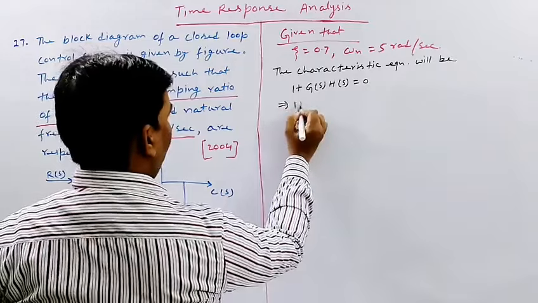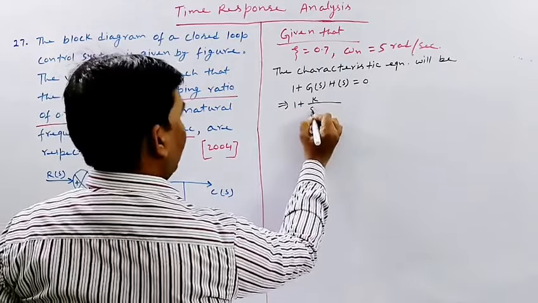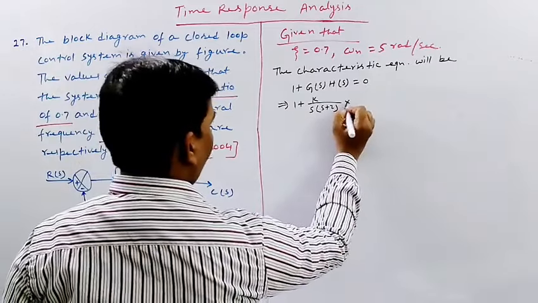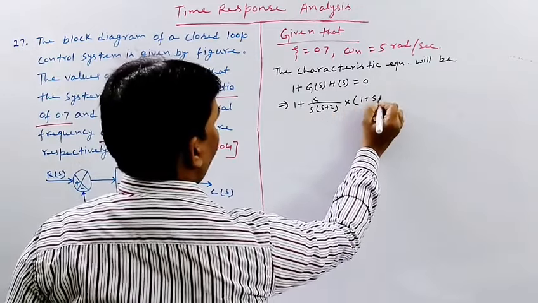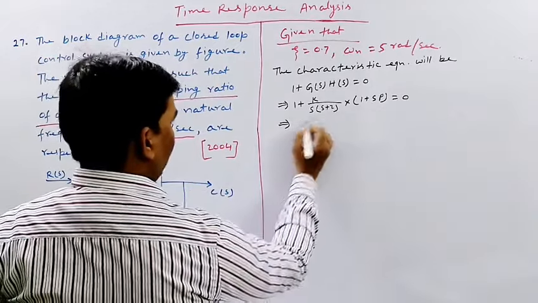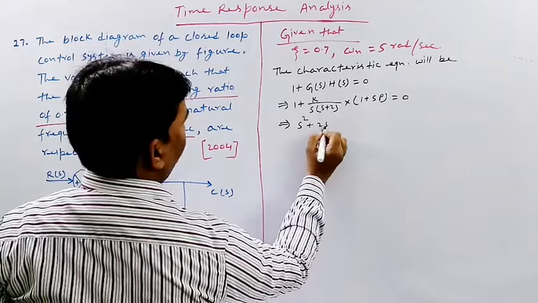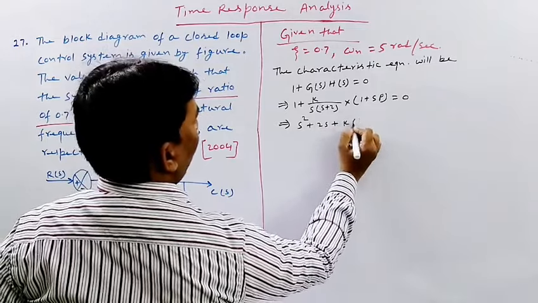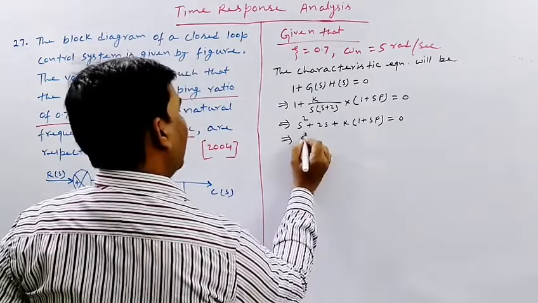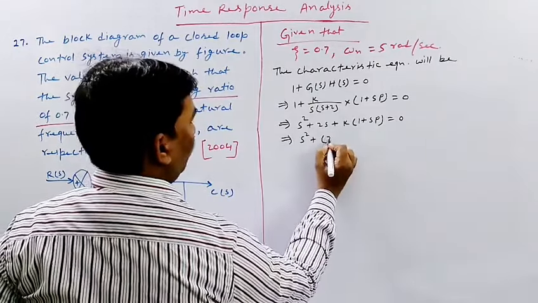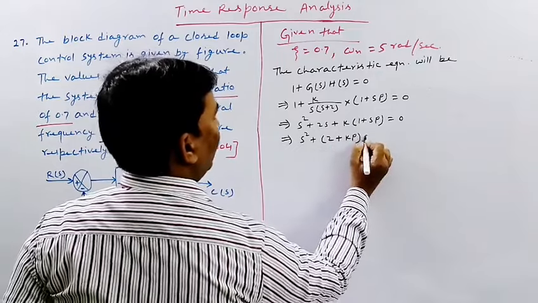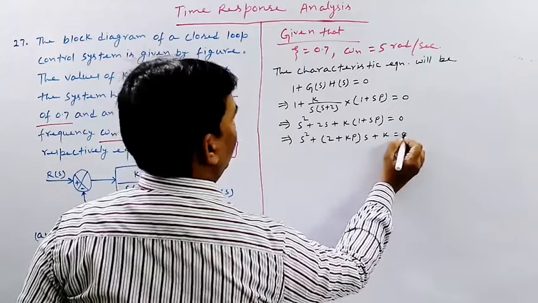So this is 1 plus K divided by s into (s plus 2), H(s) is 1 plus sP, and this will be equal to 0. Now this will be equal to s square plus 2s plus K multiplied by (1 plus sP) equal to 0. Now if we take s as common, then it will be s square plus (2 plus KP) s plus K equal to 0.